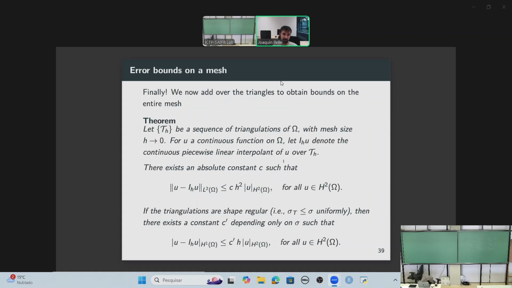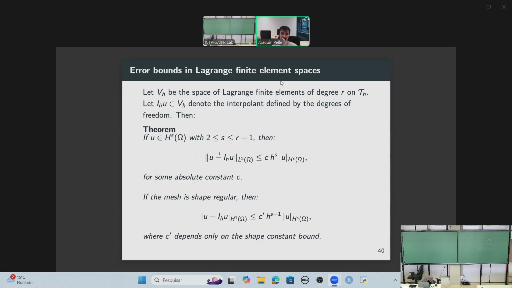So going back to this, here you can see the relation. We have polynomials of order 1, linear polynomials, and we have a convergence rate of order 2. This is the same that we get here. And the constant C is absolute, right?